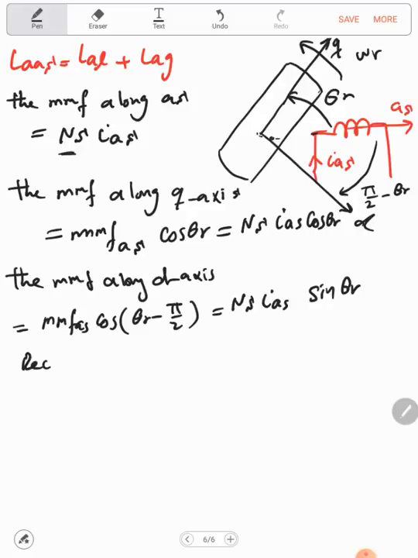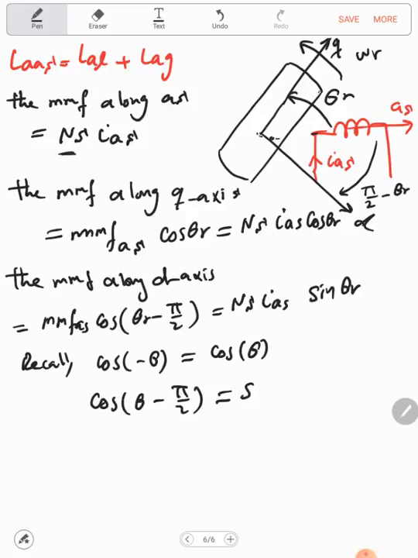Now recall, cosine of minus theta is equal to cosine of theta, and cosine of theta minus pi over 2 is equal to sine of theta.